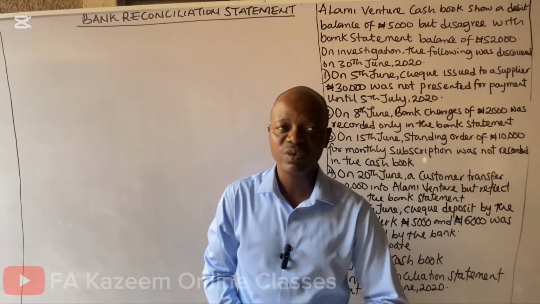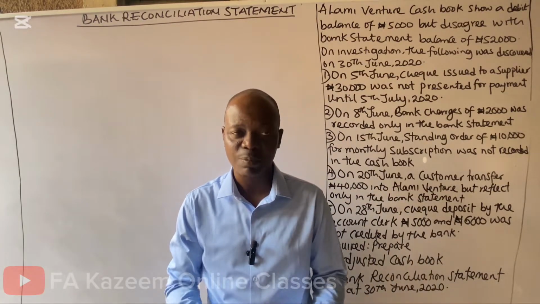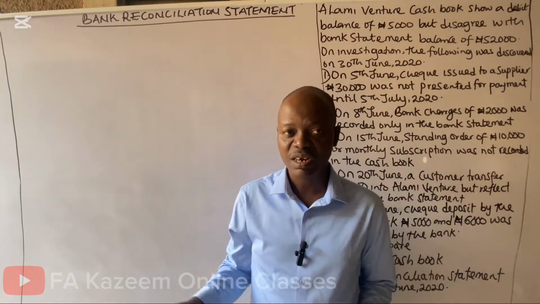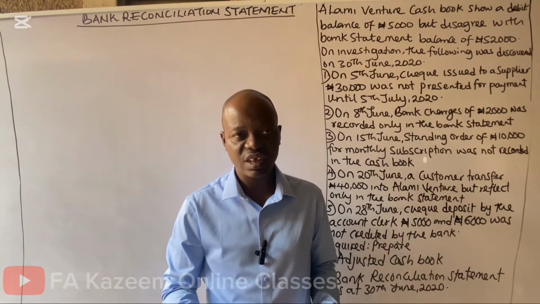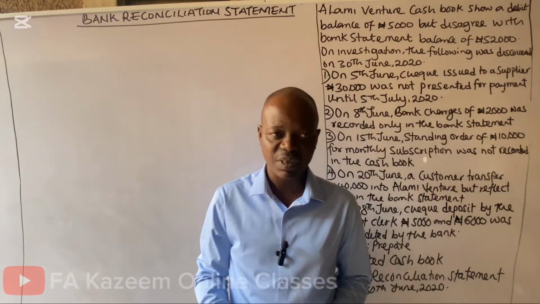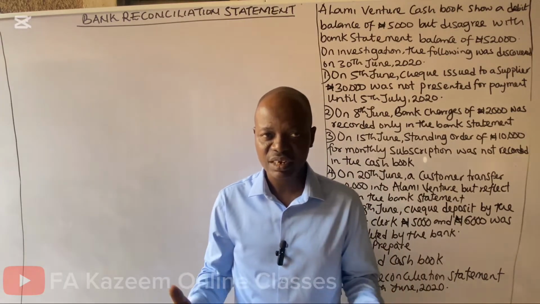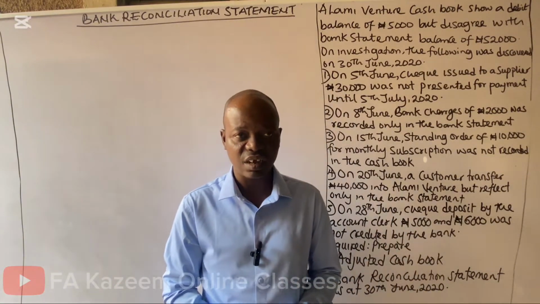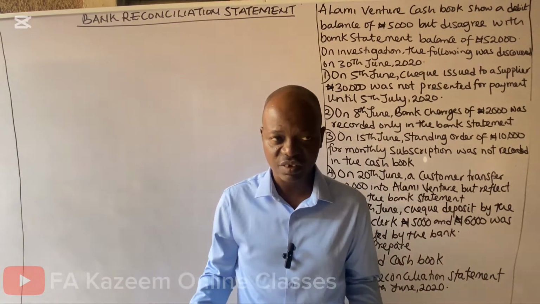In the previous video, we said there are two different methods or approaches that we can use to solve illustration on bank reconciliation statement. We said there is the indirect method. Under the indirect method, we have two accounts. One is the adjusted cash book, and the second is the bank reconciliation statement.